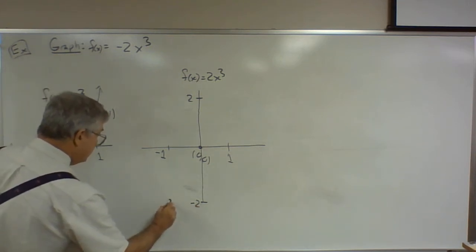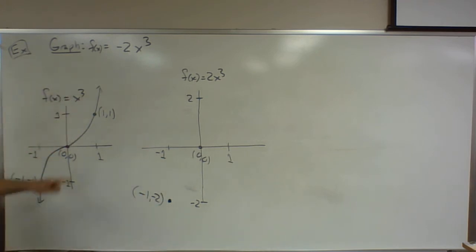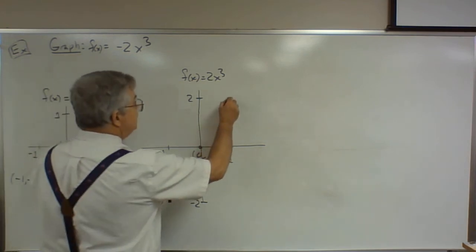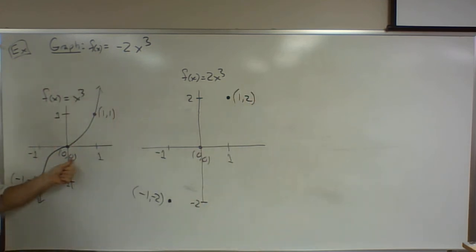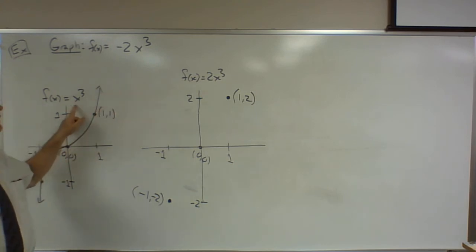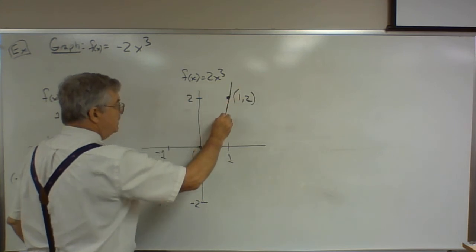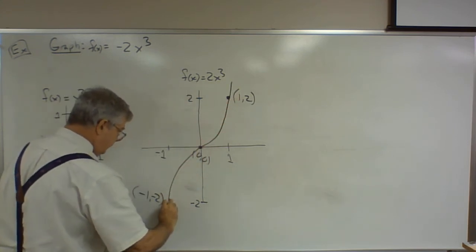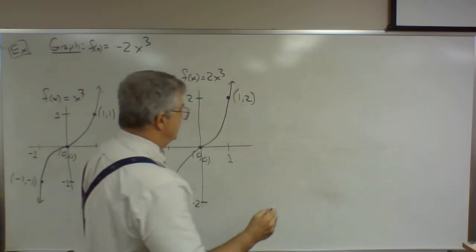We're going to multiply that by 2, so the y-coordinate is going to be -2. We have a y-coordinate of 1 here. We're going to multiply that by 2, so the y-coordinate is +2. And the y-coordinate of this thing is 0. Any point on the origin doesn't move when we multiply a function by a constant. So here's the second graph in our series of steps. And we only have one more to graph.